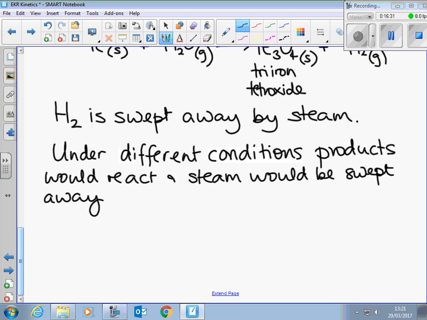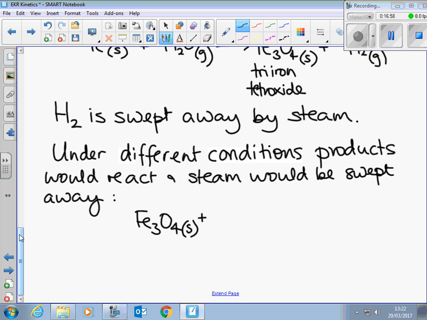It's not necessarily easy to do these reverse conditions, but if you take away one of the products, then you can keep a reaction going in that particular direction. So you would just literally reverse it. I don't really even need to write it, but it just completes the picture, and I've not left myself enough space, have I?